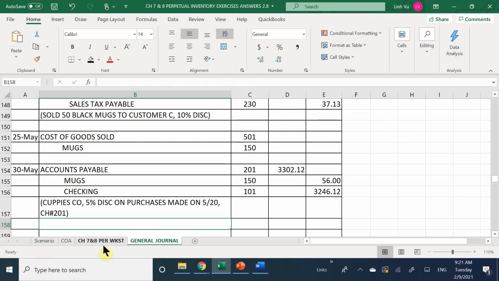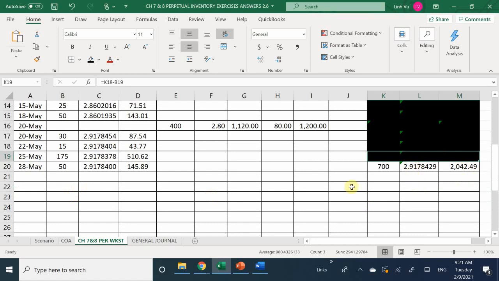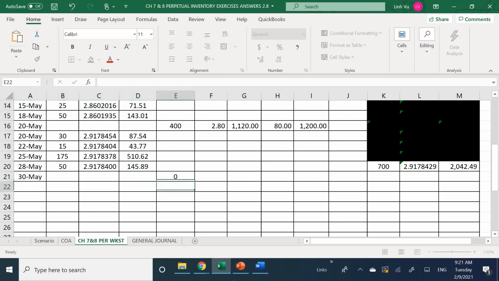So because I placed everything in inventory, if I'm going to discount my stuff, it's going to be taken directly out of my inventory. So I need to make an adjustment here to my purchases, right? So here 530. Okay. Because it doesn't affect my quantity.